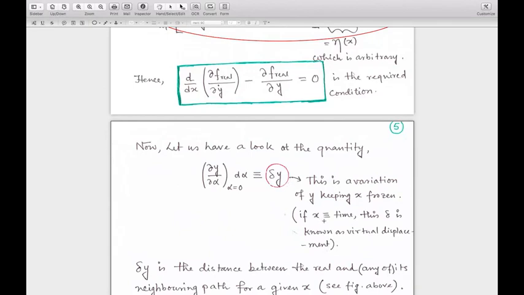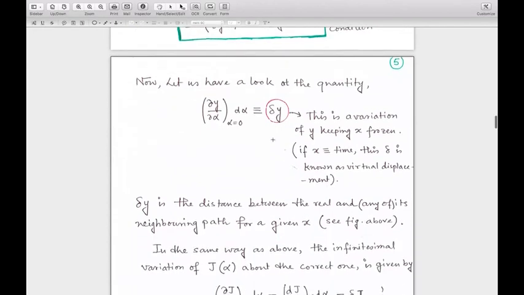So if x is equal to time, which is the case for most of classical mechanics, this is a variation where time is frozen. This type of variation is also known as virtual variation or virtual displacement.